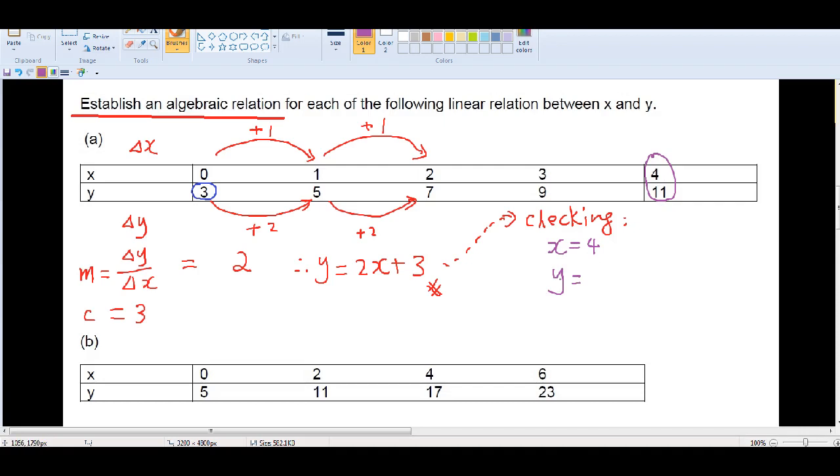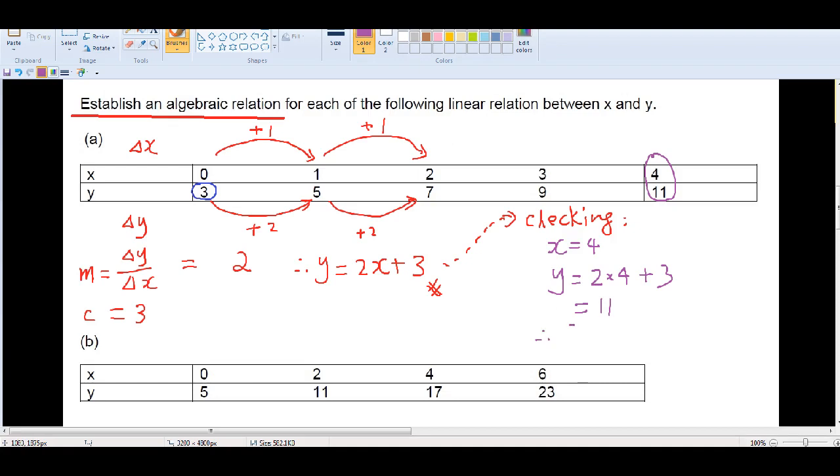We put that 4 into our equation 2x plus 3, and you have 2 times 4 plus 3. You need to put the x value into the equation to see whether y is really 11. So x equals 4, then y equals 11. They agree with the data in the table, so the equation is right.